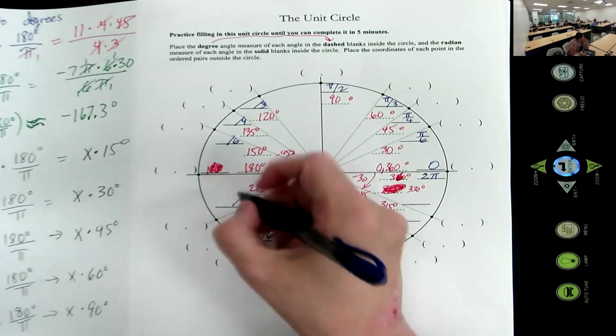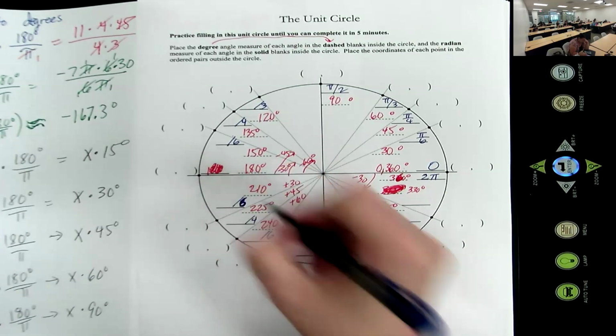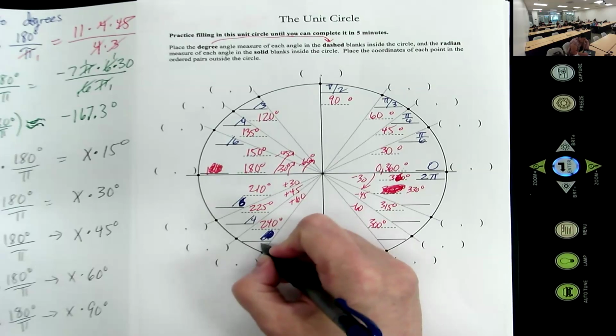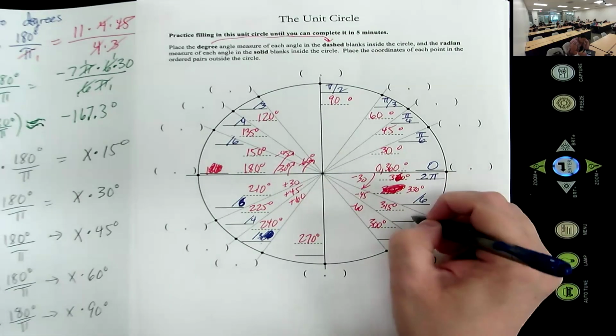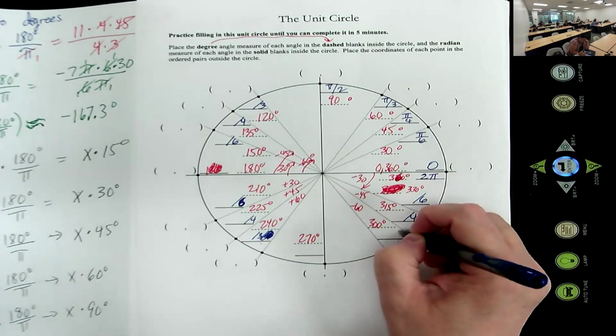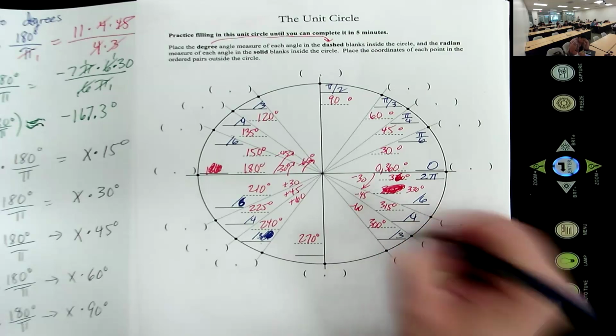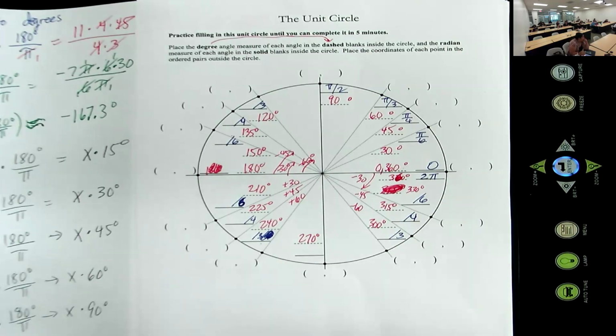Oh wait, I got those backwards, 6 and 3 is down here. Six is always the one closest to the x-axis, and 3 is the one furthest. I'm gonna put the stuff on top because I wanted to show you that this is doing some symmetry here.